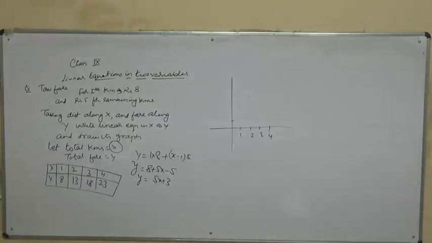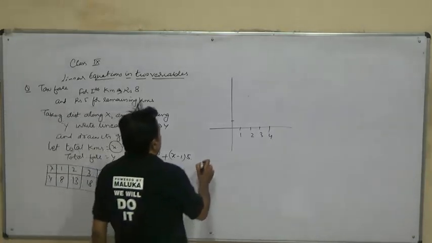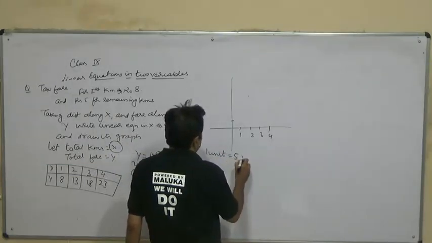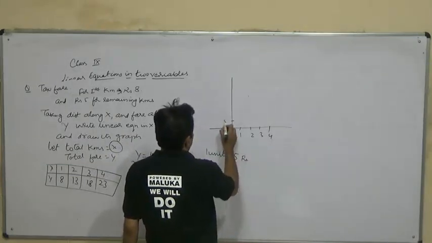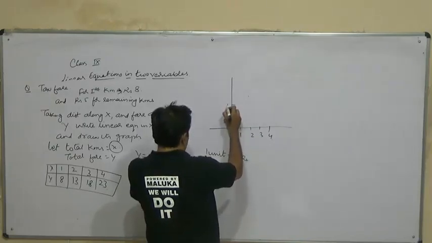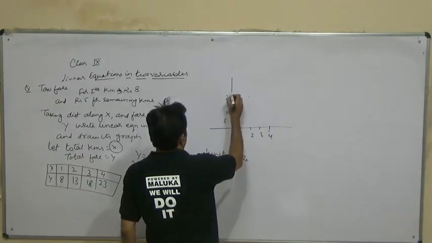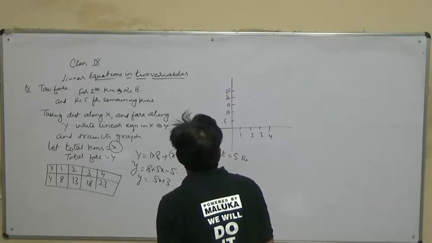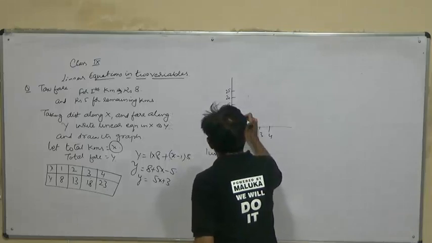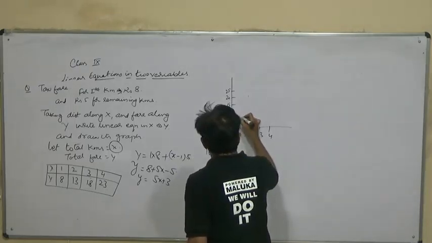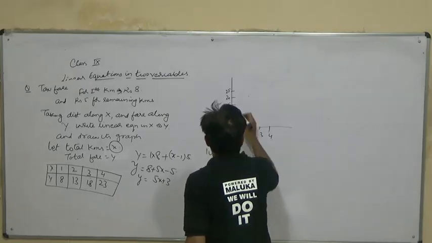So what we can take on y axis, 1 unit is equal to ₹5. So this is 5, this is 10, 15, 20, 25. So first it will be 1, 8. So 1, 8 will be somewhere here, 5 6 7 8. So this will be 1, 8.